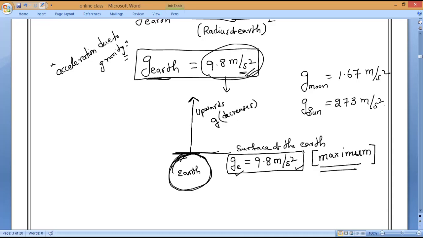At the surface, g value is maximum. Means when I keep on going up, g value decreases, because it already attains maximum at the surface.